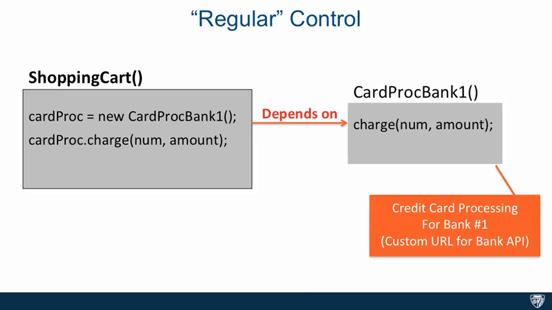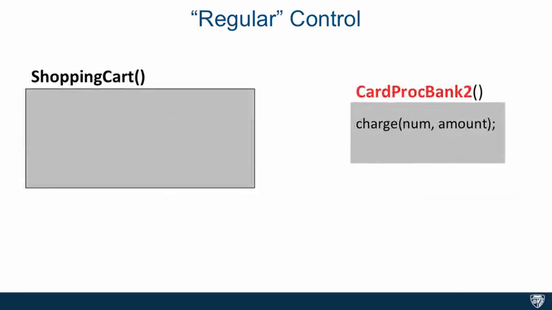But what happens if tomorrow we decide that we don't like this bank, or we want to use a different bank because it has better prices for credit card processing fees or something like that? Well, the way we would do that is we would have to write a separate card processing bank 2 that also would have the same type of charge with a number and an amount.